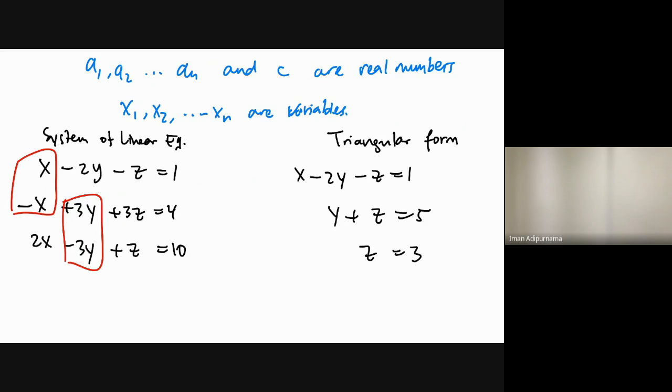When you find one variable, for example z equals 3, then to find y you just substitute here. You have y and z, and you substitute into the last part. So this is another way to look at how to solve, in a convenient process.